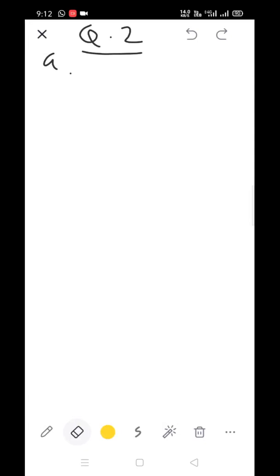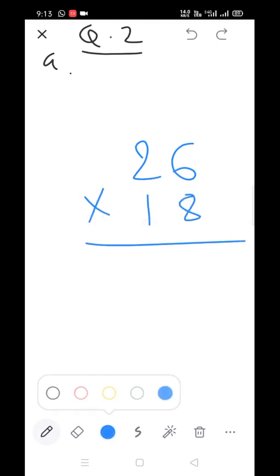Okay. Now 26 multiplied by 18, we got the horizontal form. So we firstly arrange them vertically. So 26 multiplied by 18. Start the multiplication. Ones, tens.